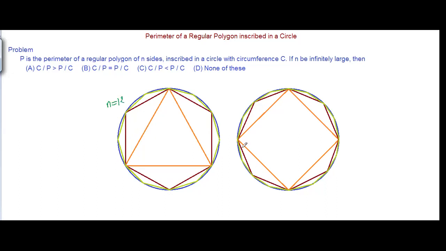And here beginning with the square, that means 4 sides, double of that means we made a regular octagon, 8-sided polygon, then doubling that we have got a regular polygon of 16 sides. I am going to enlarge the picture and then you see yourself.